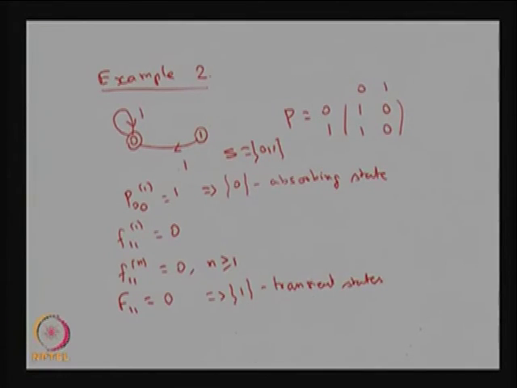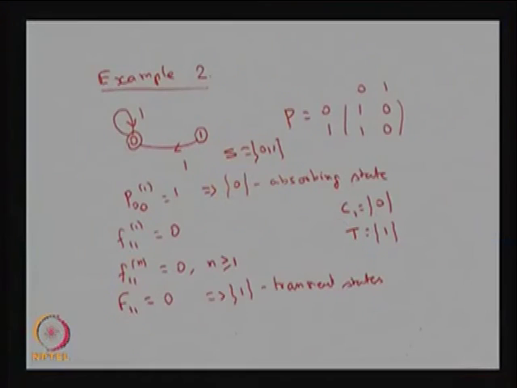Therefore, the state space S is partitioned into one closed communicating class C1, which consists of only one element, and the collection of all the transient states, which is only one element, state 1. This is the notation for capital T, collecting all the transient states in the state space of the DTMC, and C1 is the first closed communicating class, which has only one element.